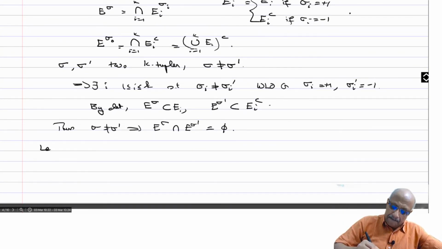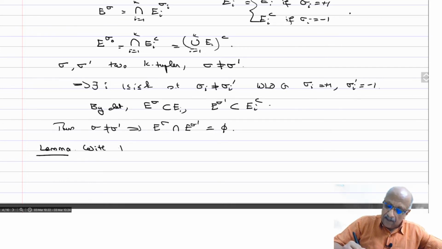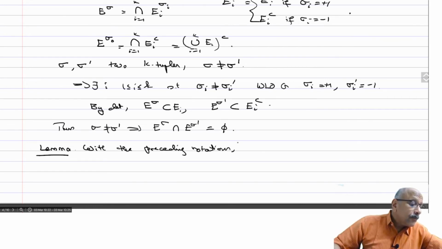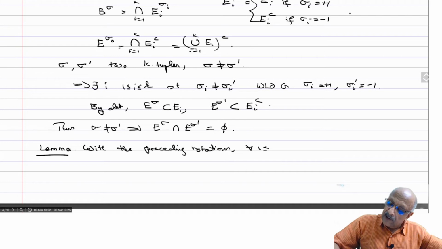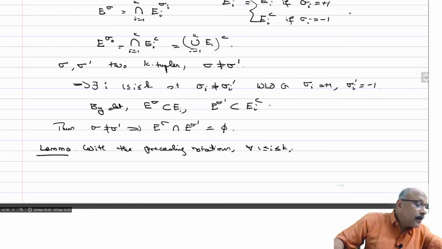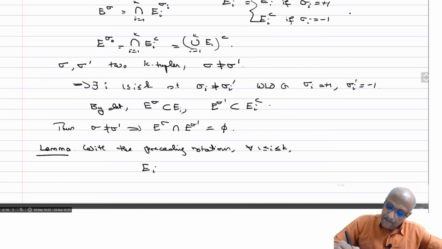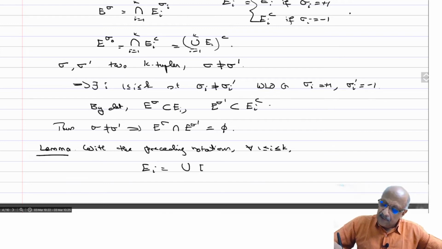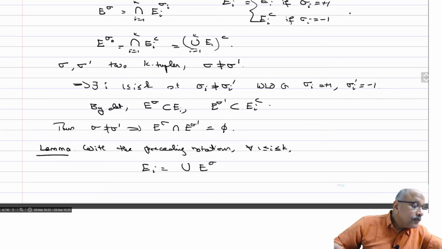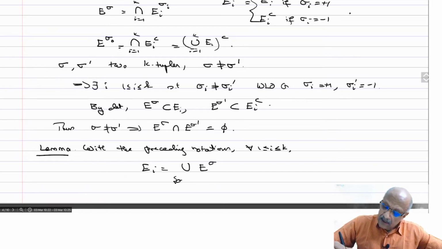So, lemma: with the preceding notations, for each 1 less than or equal to i less than or equal to k, Ei is the union of E sigma, where sigma is such that sigma i equals plus 1.